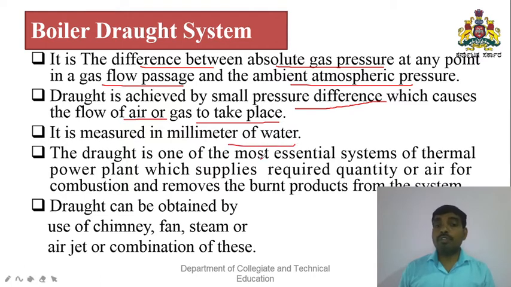The draught is one of the most essential systems of a thermal power plant, which supplies the required quantity of air for combustion and removes the burnt products from the system.